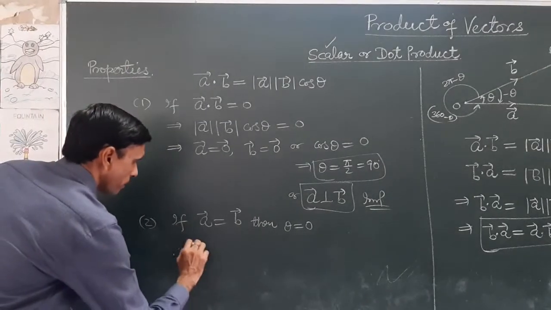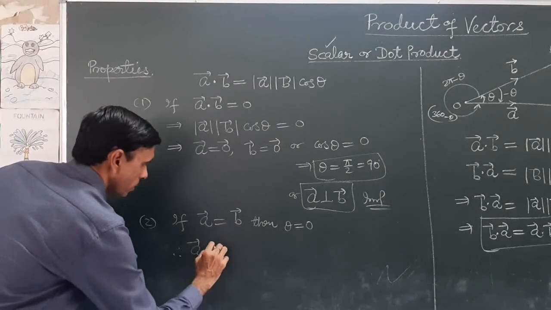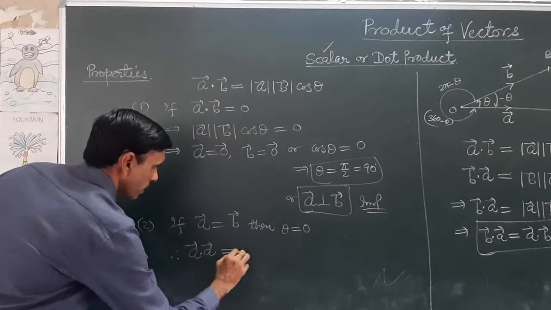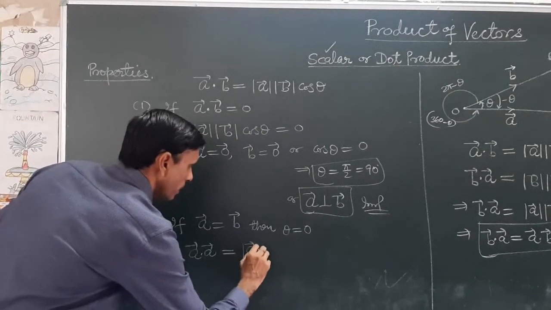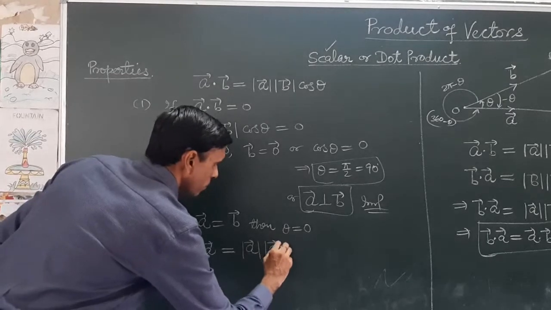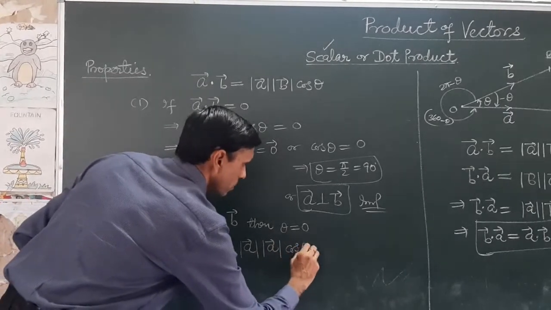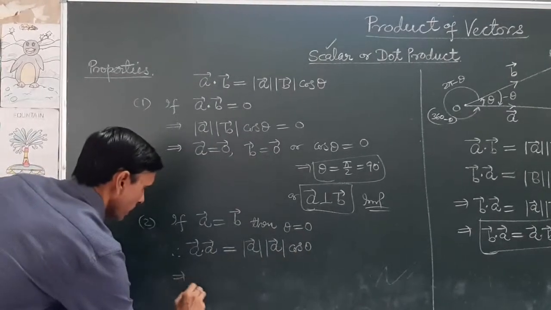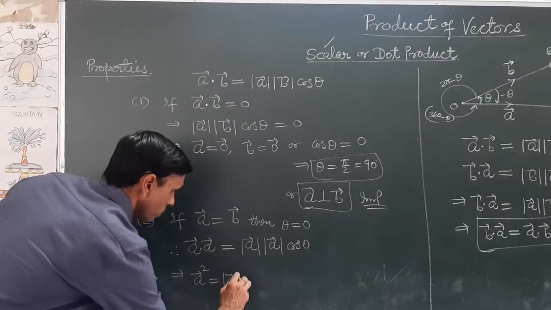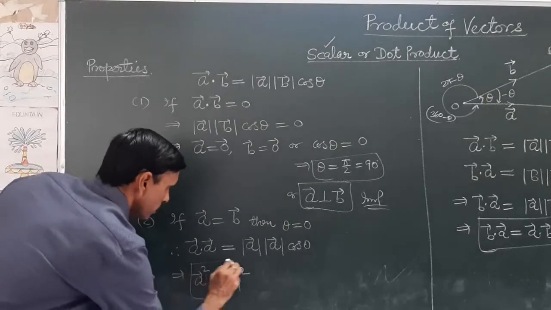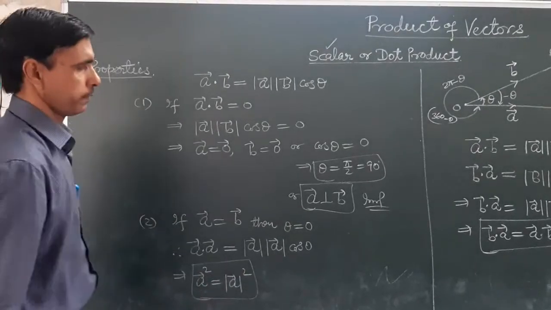Therefore, what is A dot A? A dot B will be A dot A, equal vectors. Magnitude A, again magnitude A, cos 0. That is, A square is magnitude A square. This is also a very important property.